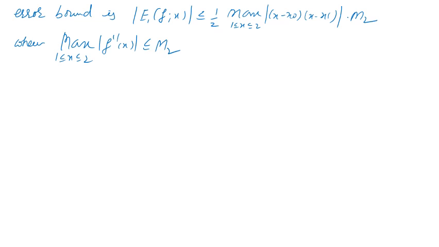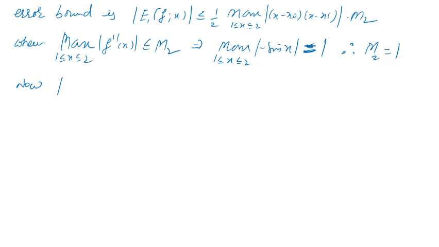M2 is the upper bound of f double dash x. This means the maximum over 1 ≤ x ≤ 2 of |sin x| is always less than or equal to 1. Therefore, the M2 value, the maximum upper bound, is 1. Now the error bound in the interval is less than or equal to 1 by 2, where the maximum exists at the midpoint of 1 and 2. Let me write one more step.